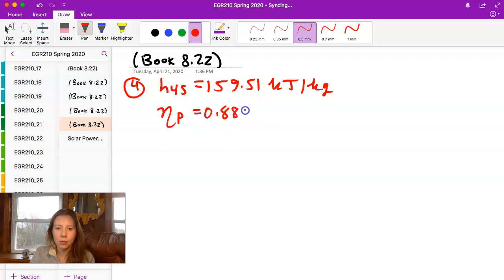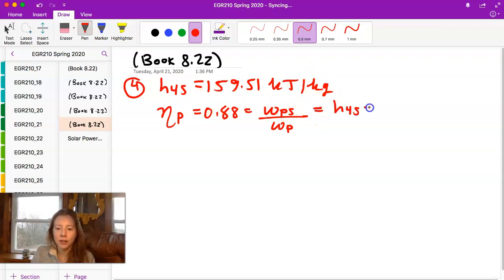And we're also, remember, given our isentropic efficiency for the pump, which was also 0.88, which is going to be equal to the isentropic work input over the actual work put into the pump. And so it's going to be H4S minus H3 divided by H4 minus H3.